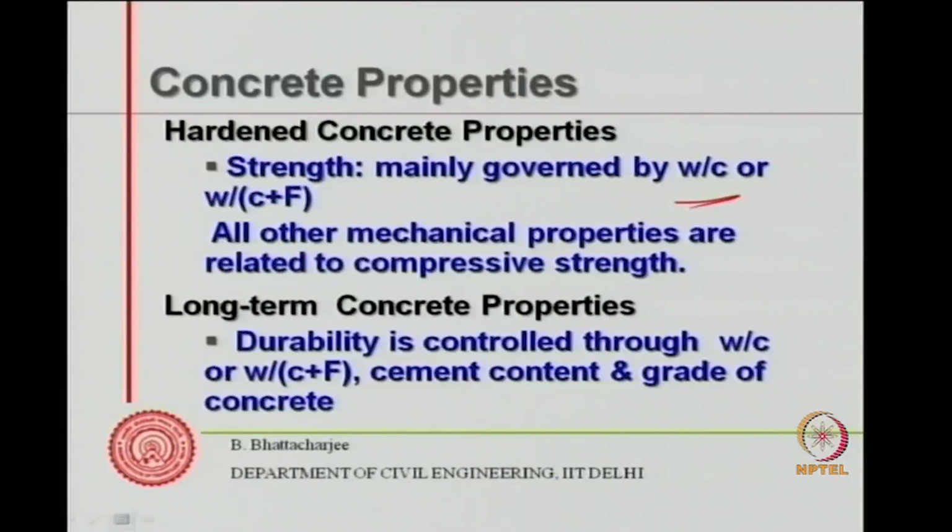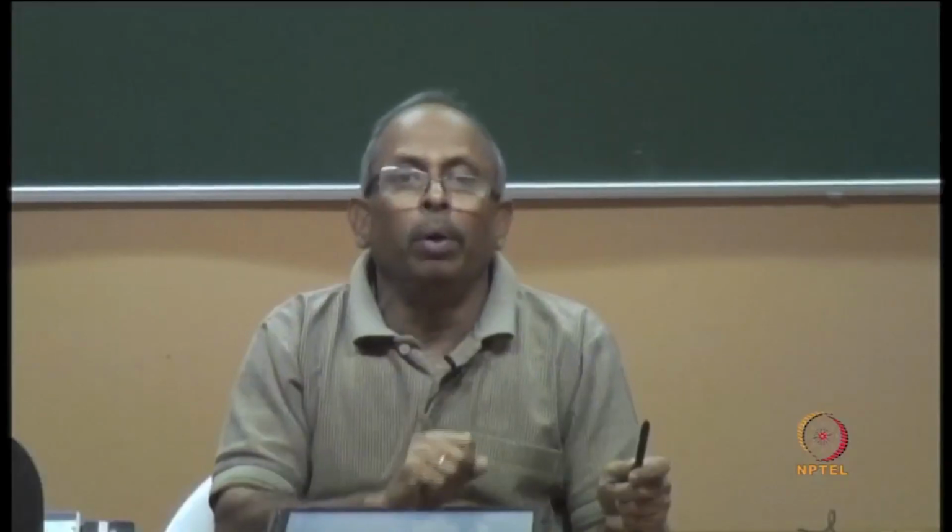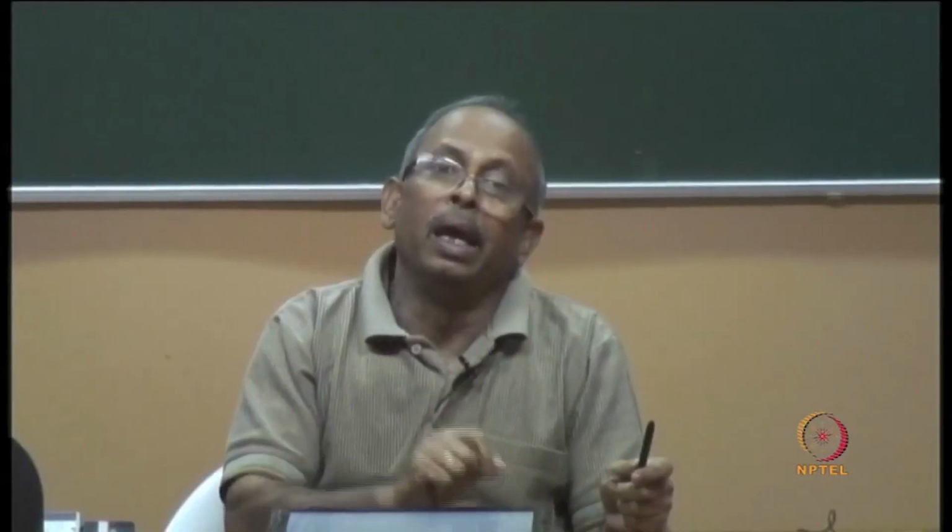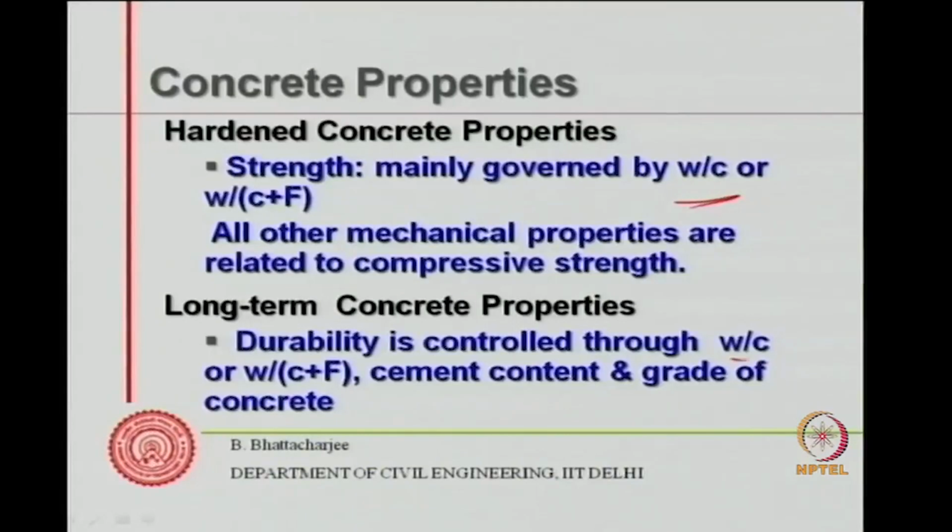Now we also understand that the deterioration process in concrete takes place through ingress of material from outside, through those pores and interconnected pores. So porosity governs the deterioration, and therefore durability aspects are controlled again through water cement ratio or water to cement and fly ash ratio.